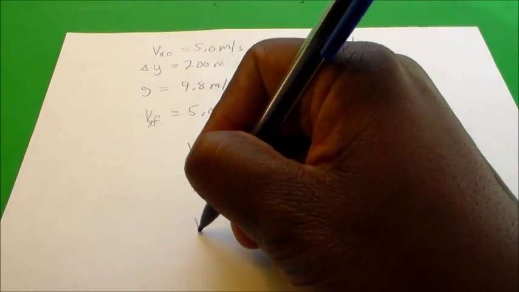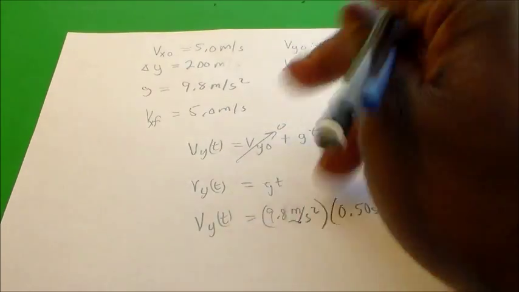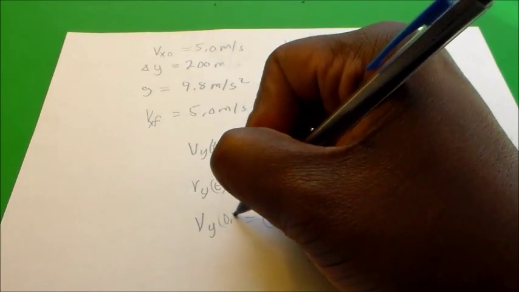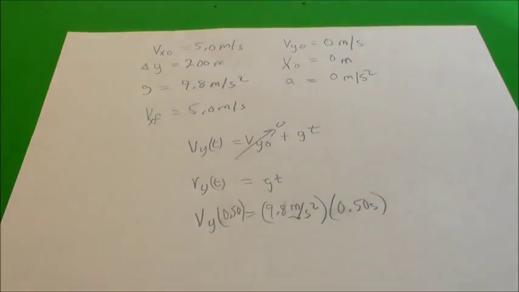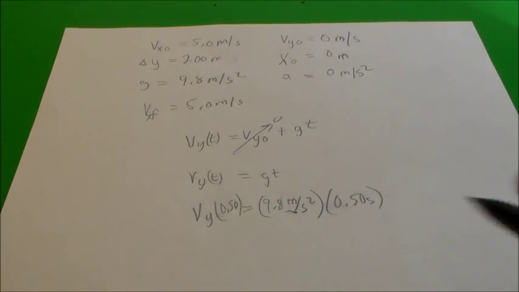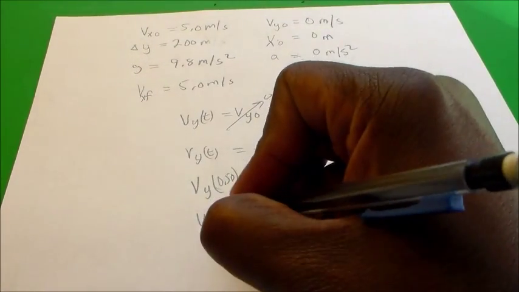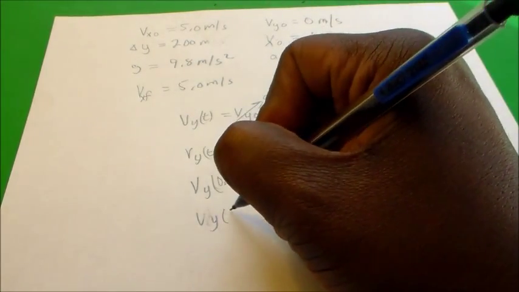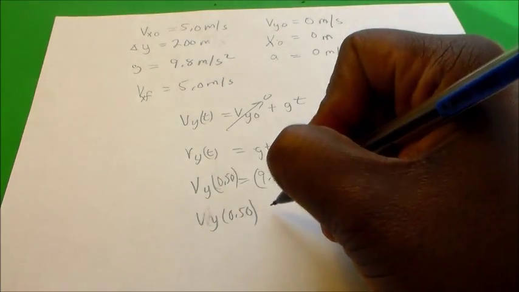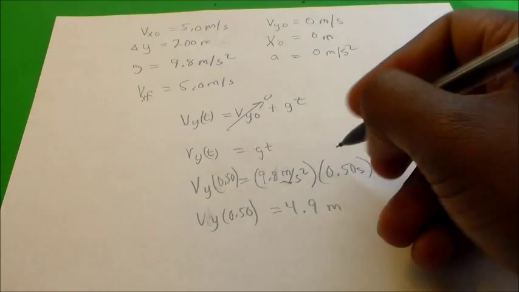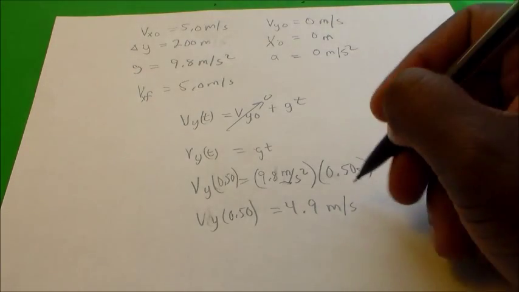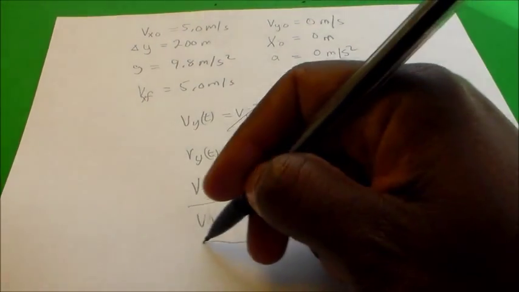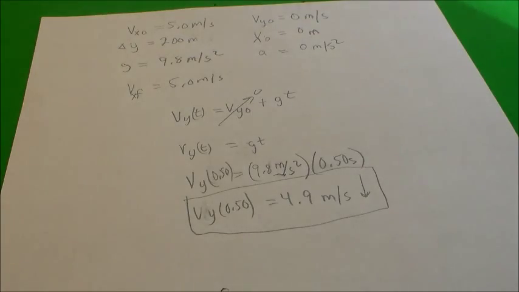So we can calculate the velocity in the y direction at a specific instant in time. Putting 0.5 in here, at the specific instant in time, which is 0.50 seconds, we end up with a velocity in the y direction at that instant in time equal to 4.9 meters per second. And of course, that's going to be heading downward.